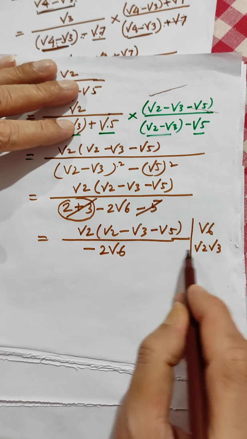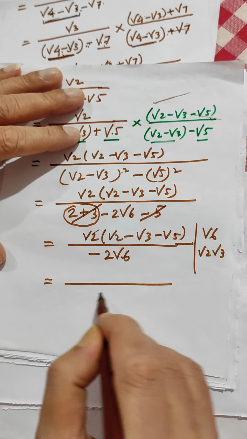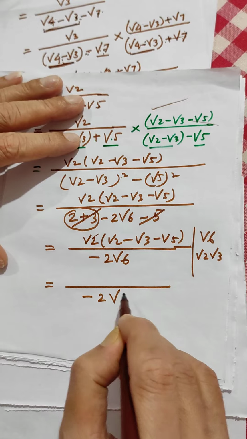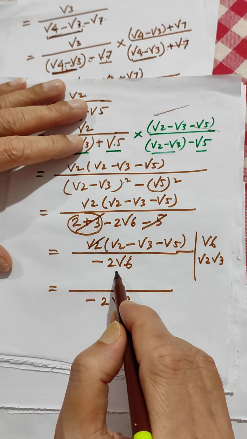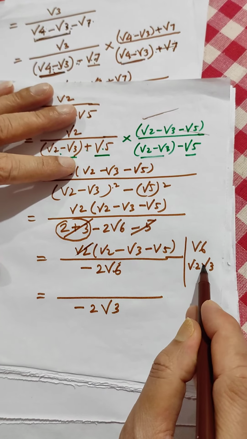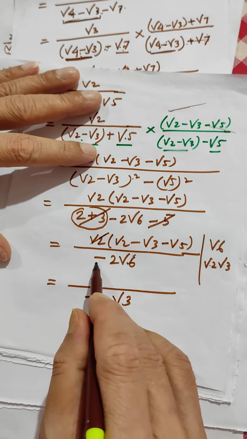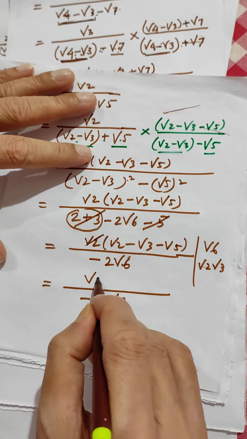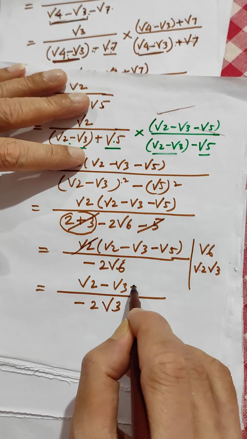Now the root 2 and root 2 cancel, what will remain? So minus 2 root 3 will remain. So minus 2 root 3 and numerator root 2 minus root 3 minus root 5.